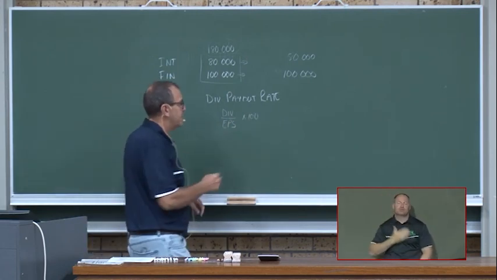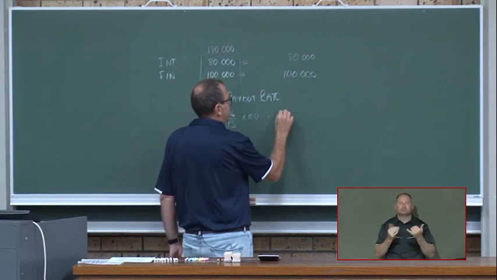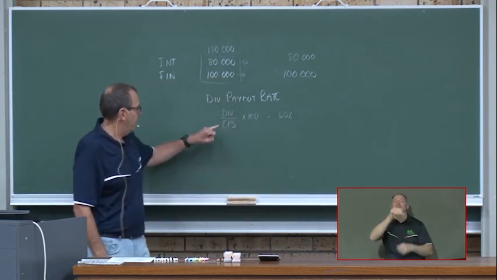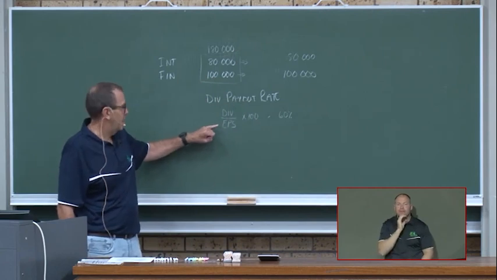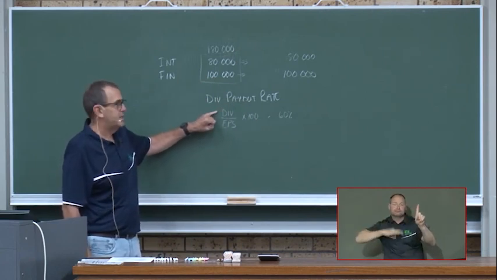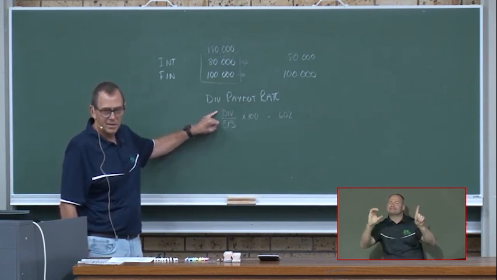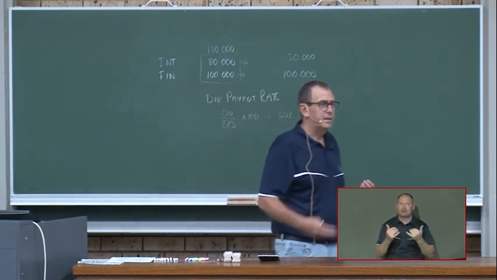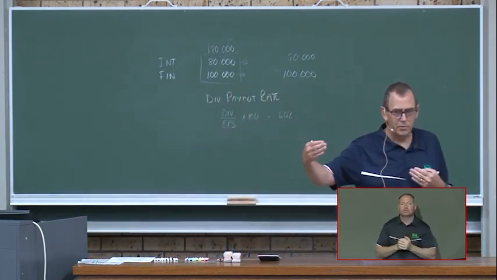So if my dividend payout rate is 60%, it means of every 1 rand earnings per share, I gave out 60 cents dividends. All right. So if it's 60%, what does that mean? They did not give out all their profits.